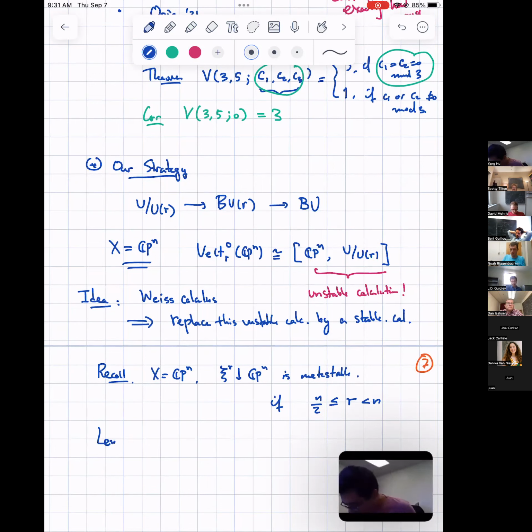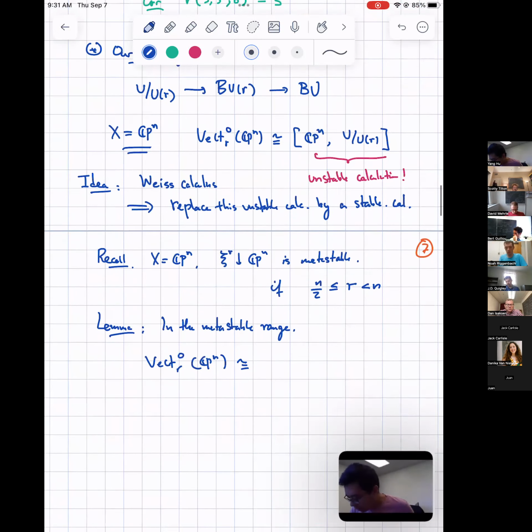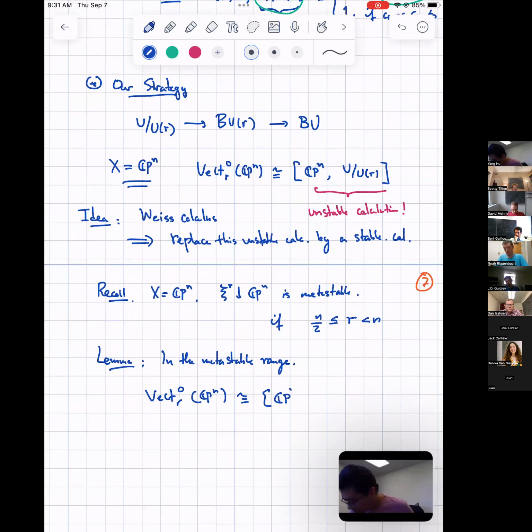So the lemma here is that in the metastable range, Vect R0 of CPN can be identified with homotopy classes of maps now from CPN to Q suspension CP lower R infinity.